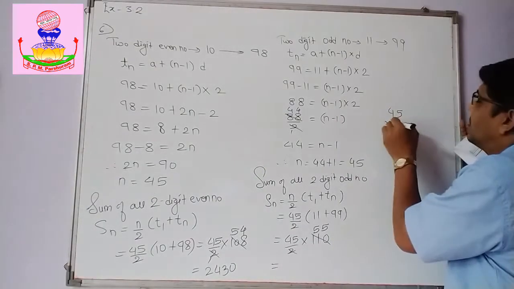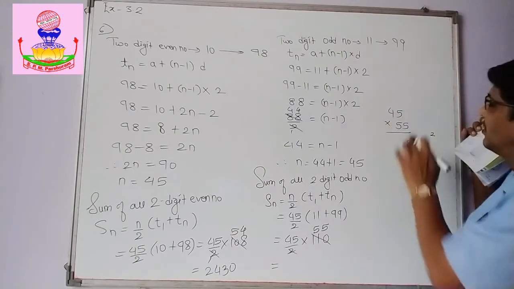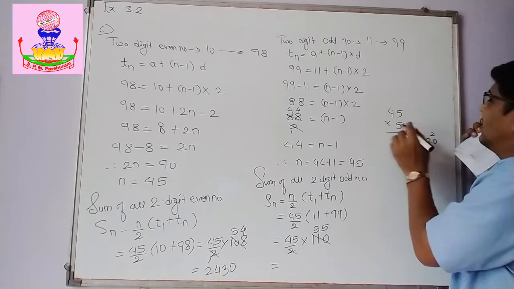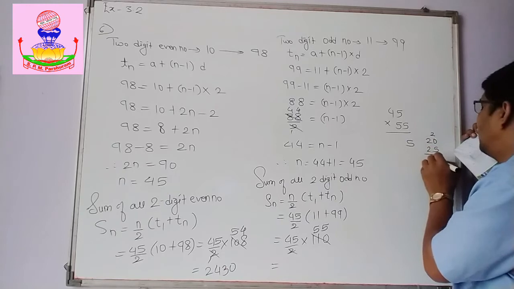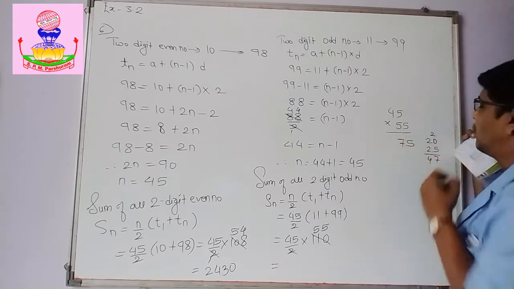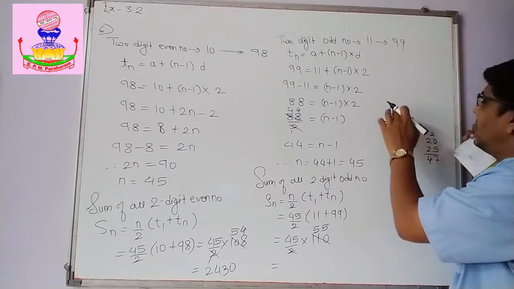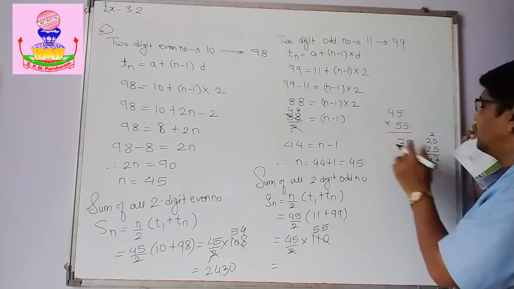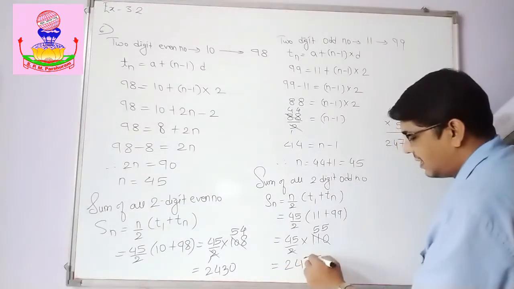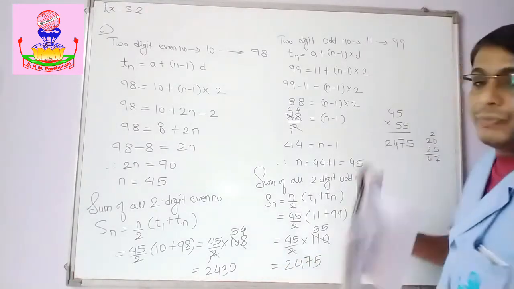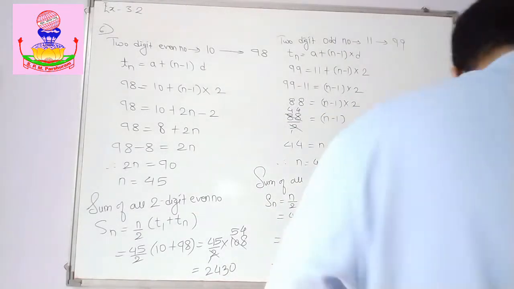So 45 into 55. 5 5s are 25, 2 carry on. 5 4s are 20 and 5 5s are 25. So 47, 4 carry on. Now 5 4s are 20, 20 plus 4, 24. So 2475.